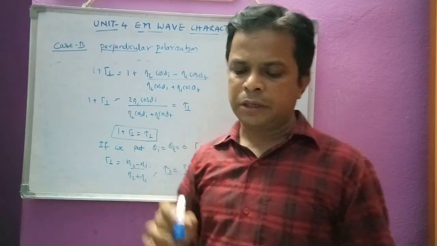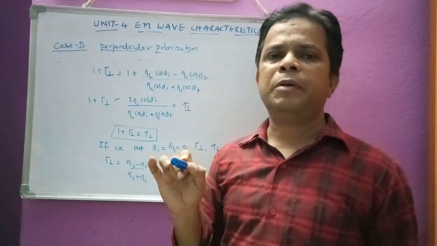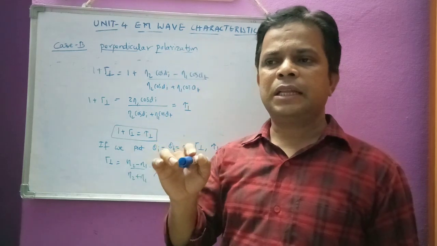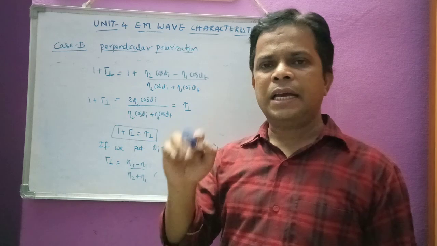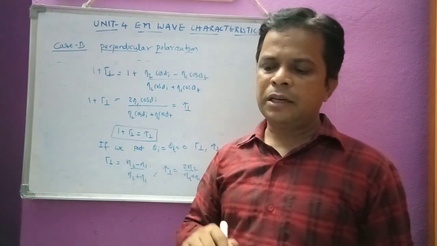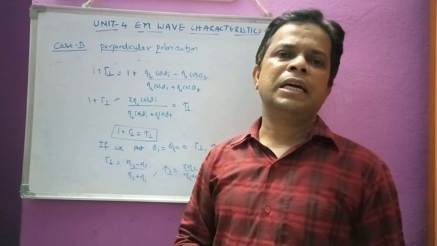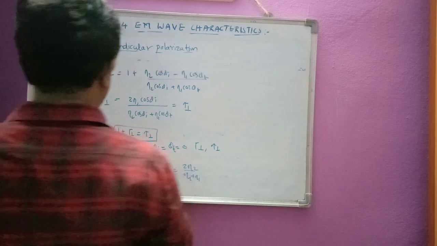And setting theta I equal to theta B perpendicular, as we set theta I equal to theta B parallel in the previous case, that is how we are going to calculate the equation for the Brewster angle theta B perpendicular.